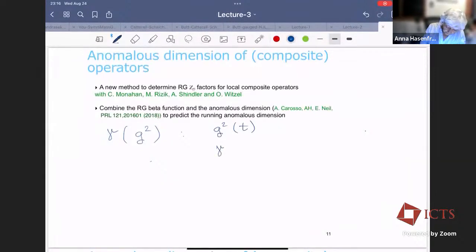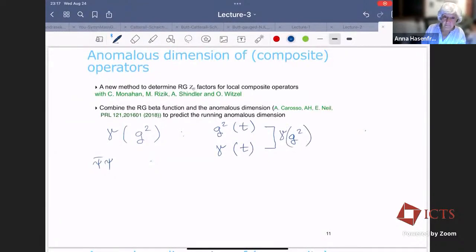If we can similarly calculate an anomalous dimension, for psi bar psi or similar operators, mesons or baryons, as a function of the flow time, then I can combine these two, eliminate the flow time, and calculate gamma as a function of g squared. That is what we can compare to perturbation theory, because that's what is typically determined perturbatively.